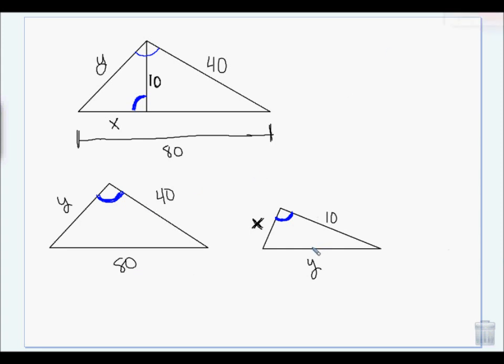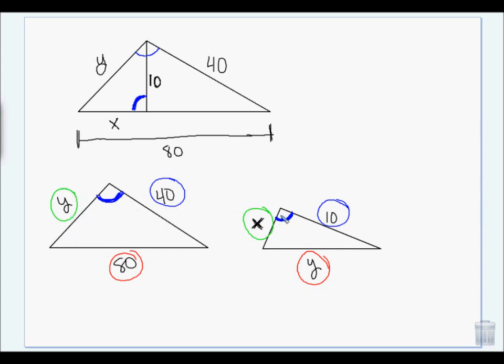So now that we've got it labeled, we can see that y goes with 80, and 10 goes with 40. And then x goes with y.